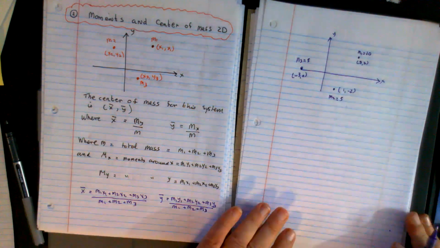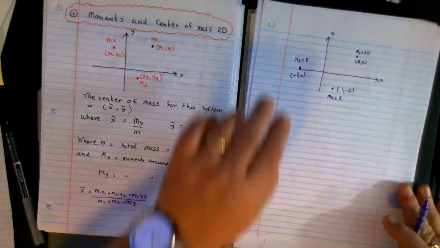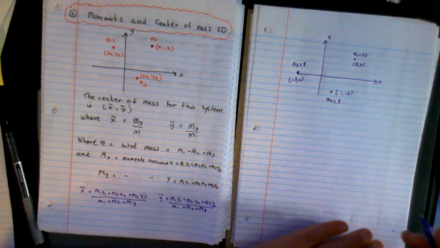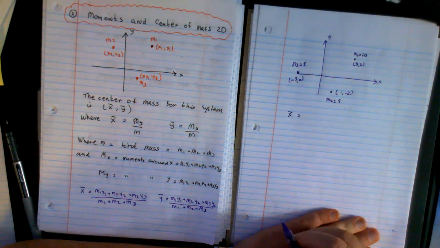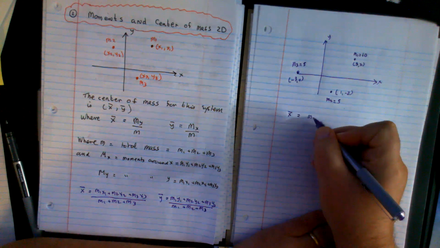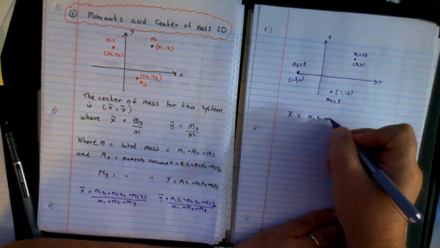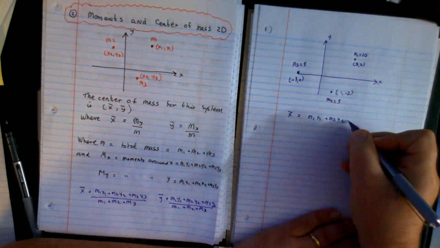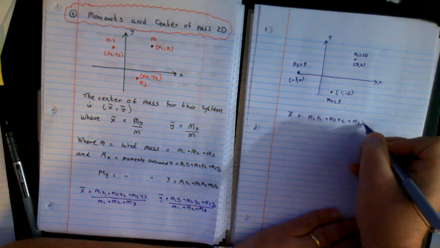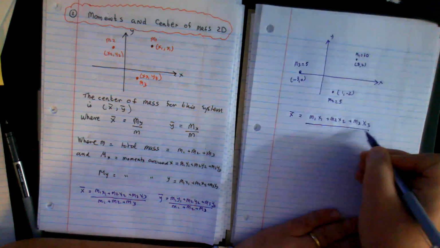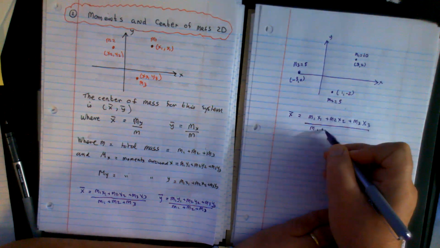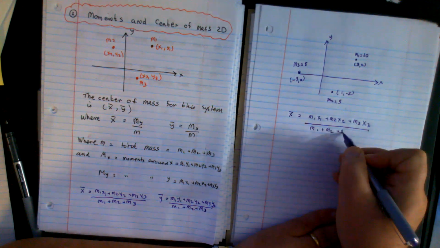And we would like to know the center of mass of this system. So what we would do is find the x bar value, which is m1 x1, m2 x2, m3 x3, all over m1, m2, m3.